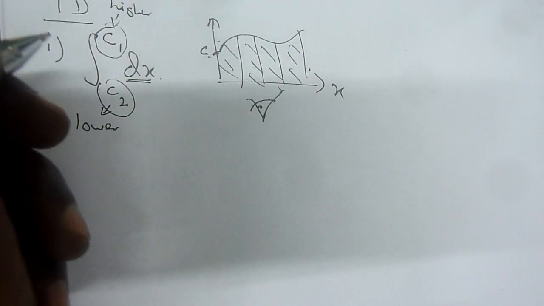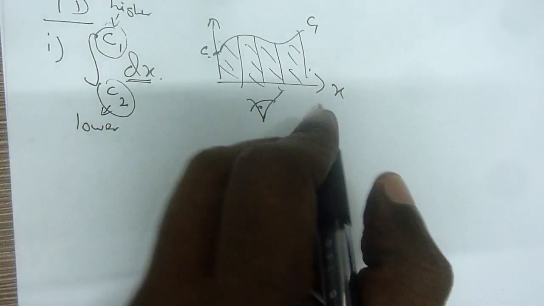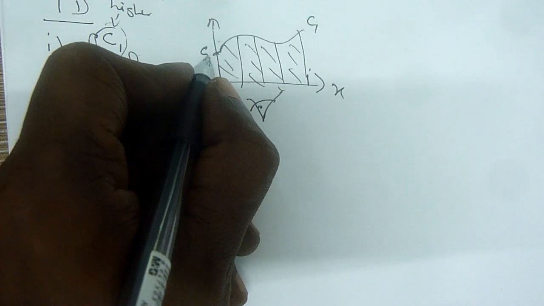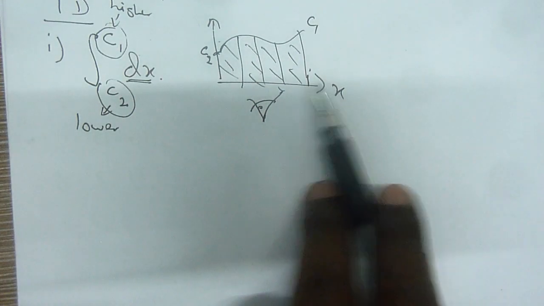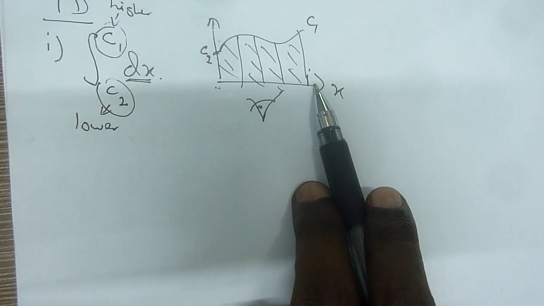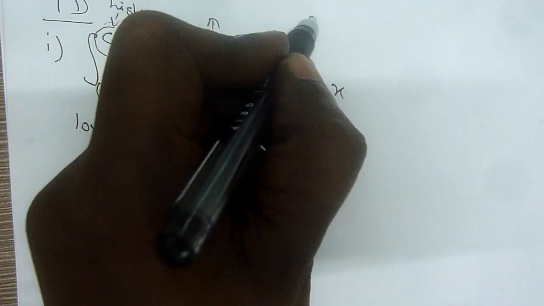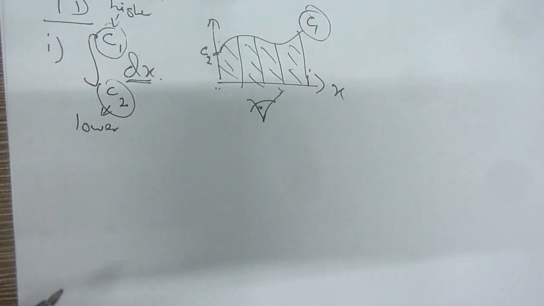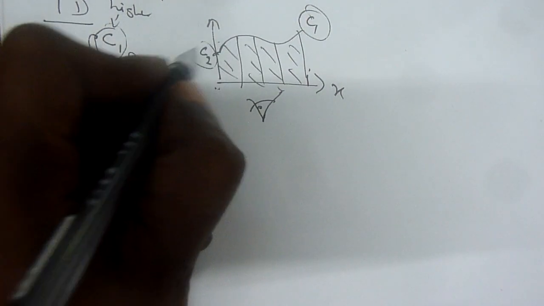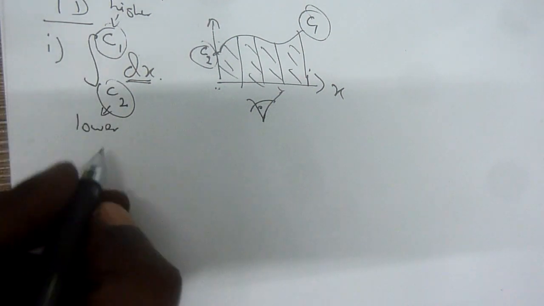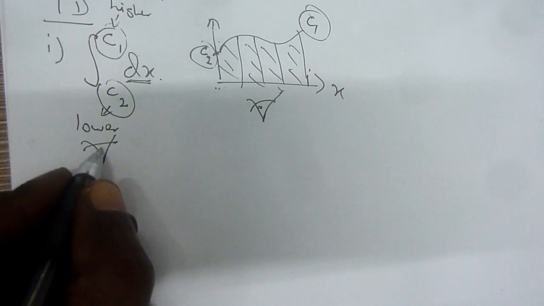Why? By the higher point and the lower point here, you must always remember we are following the coordinate system, where we need to take the higher point, the highest value, and this one must be the lowest value. What are we referring to? We are referring to the I.